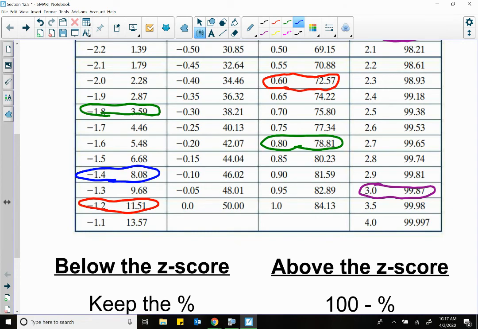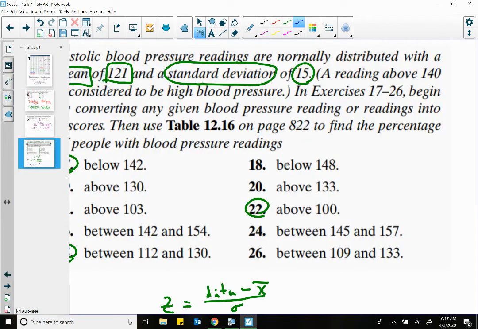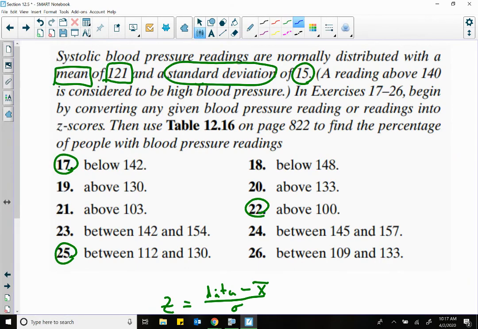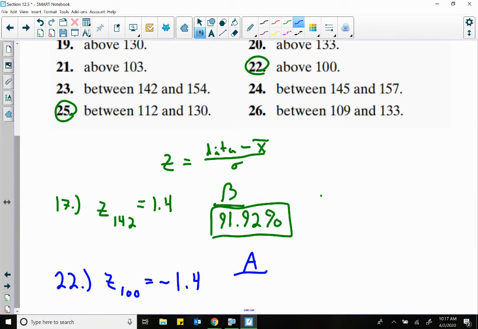So the percentage is 8.08. So 100 minus 8.08 gives us the following answer for number 22. The answer being 91.92%.